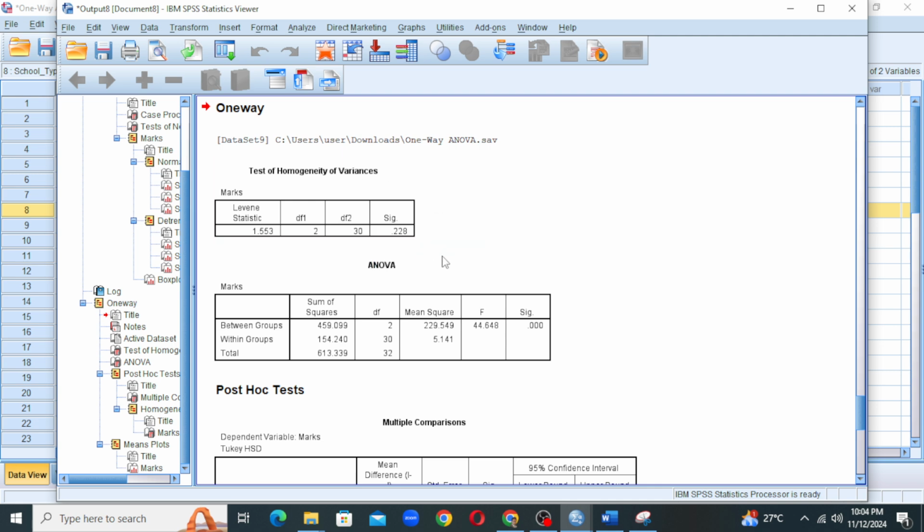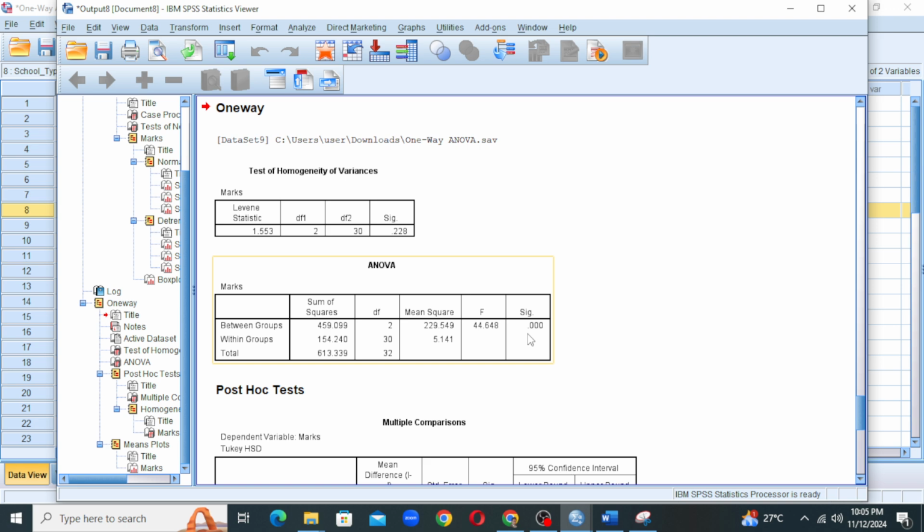So we have satisfied the assumptions, and now we will be referring to the ANOVA table and the significance of the F statistic. Here you see that the F figure is significant, meaning there are differences between these three English mark means of the three school categories.